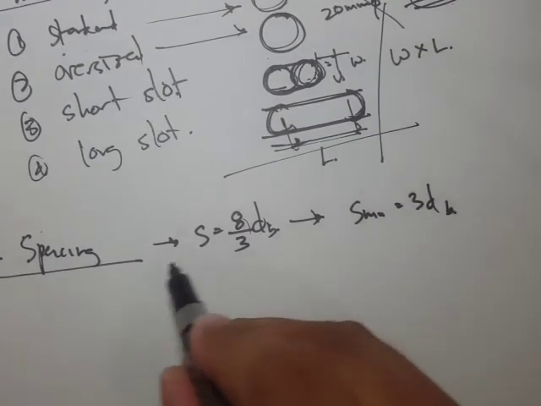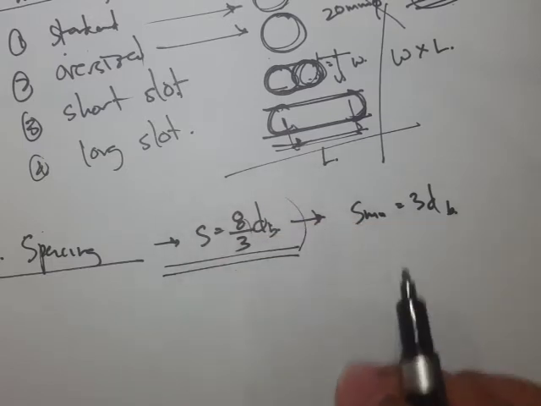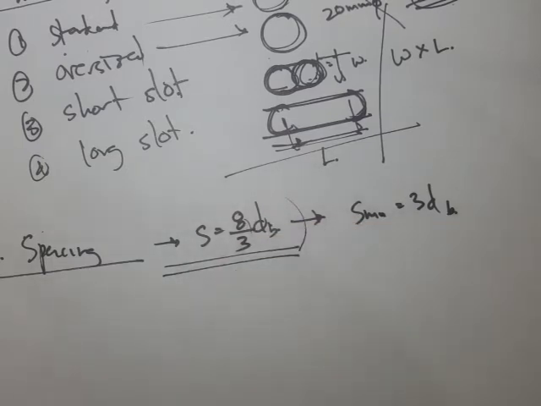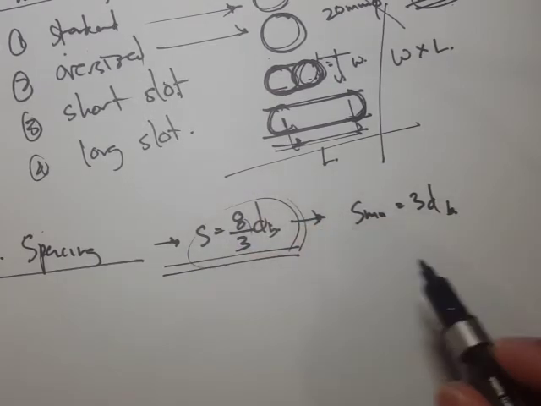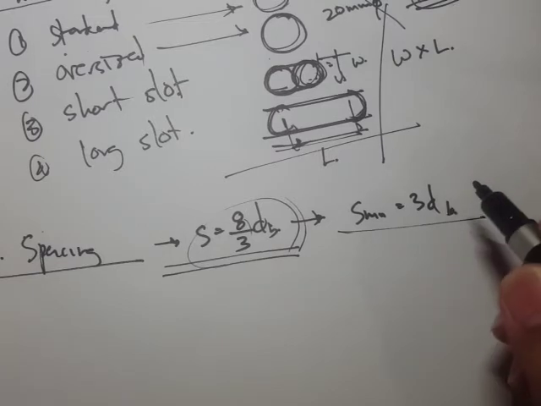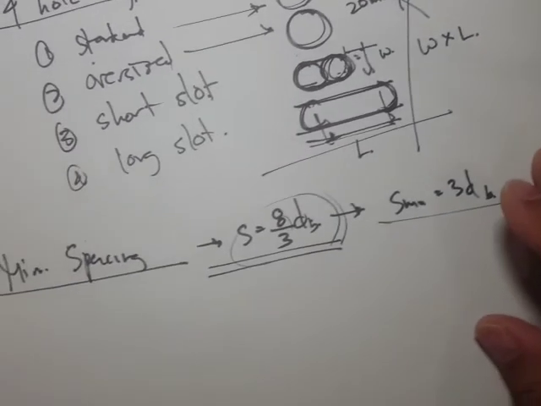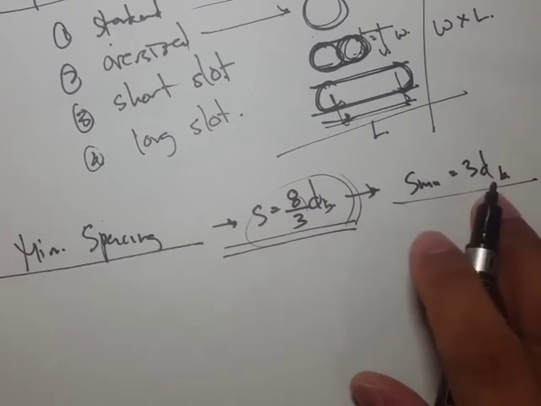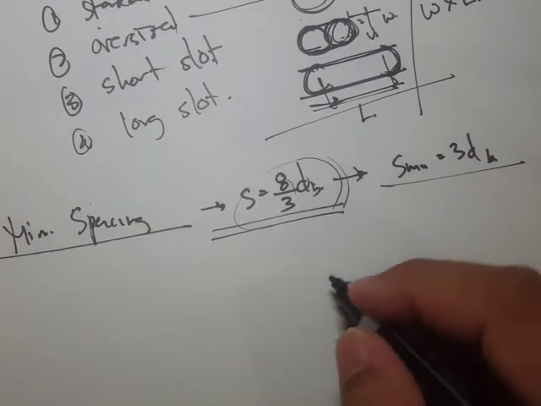So although this is the one that's specified directly, this one is just a preference. Okay, so minimum spacing is 3 times the bolt diameter.